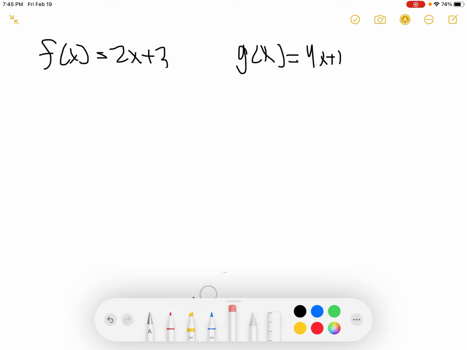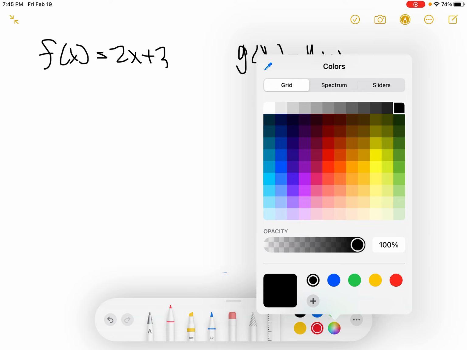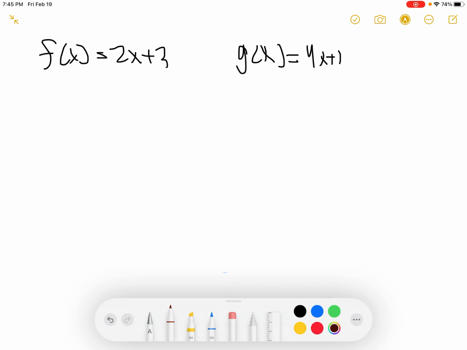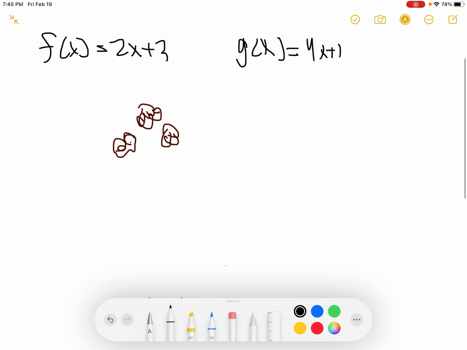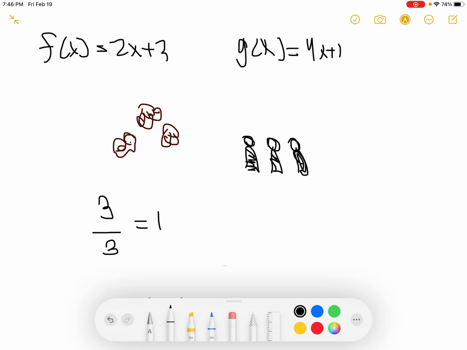Because when you first learned about division, maybe in elementary school, you had something like cookies. Let's just say you have 3 cookies, and then you have 3 people that want the cookies. You do 3 divided by 3, and then you get 1.